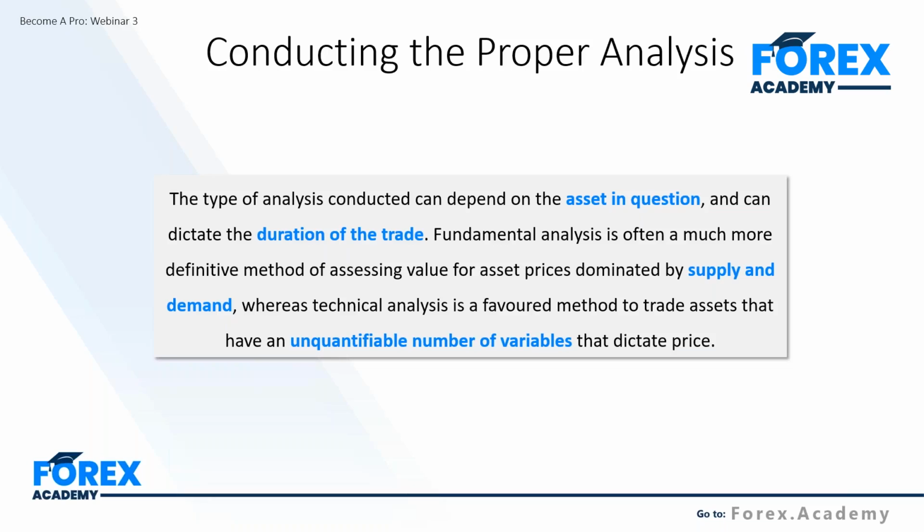Well, of course, for each particular asset in question, it will trade differently. So we need to take that on board. We can also dictate with ourselves the duration of the trade. So our type of analysis may be as a result of what trade we want to take. I don't know what's going to happen, for example, in the next 3 days, but I'm pretty sure with my fundamental analysis that the price of cocoa is going to rise again over $3,000, and something that's currently at 2,800 certainly will give us a profit target of around $200.